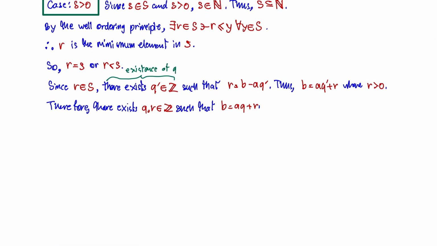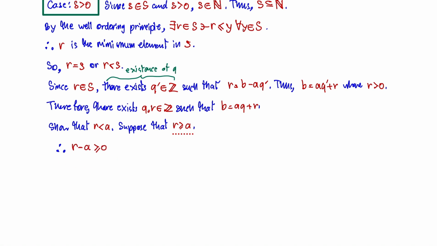So show that R is less than A. We're going to suppose that R is greater than or equal to A. So we will show that R is less than A by a proof by contradiction. So what happens when R is greater than or equal to A? This means that R minus A is greater than or equal to 0, right?